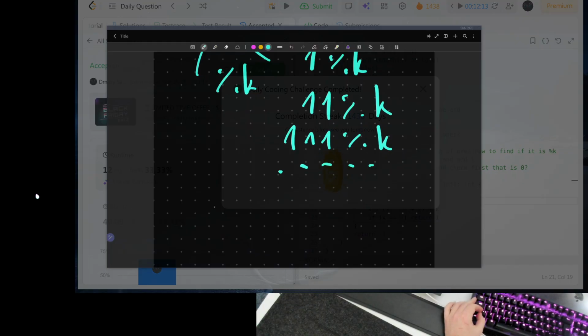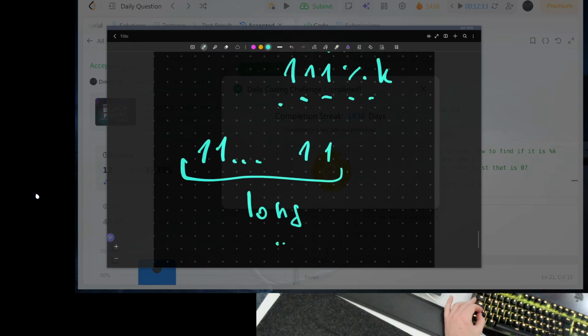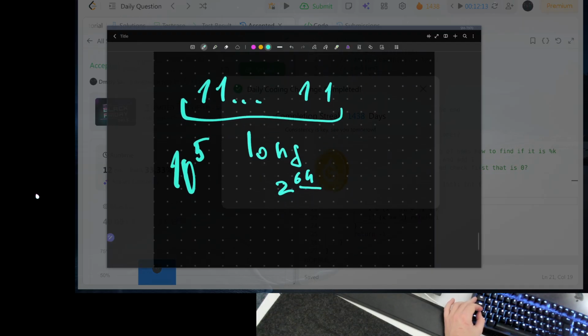Eventually we have a very, very big number, and it doesn't fit into a long value. The long is 2 to the power of 64, so it has 64 bits, and it's not that lengthy. Our length is 10 to the power of 5, and this is also only 64 bits.